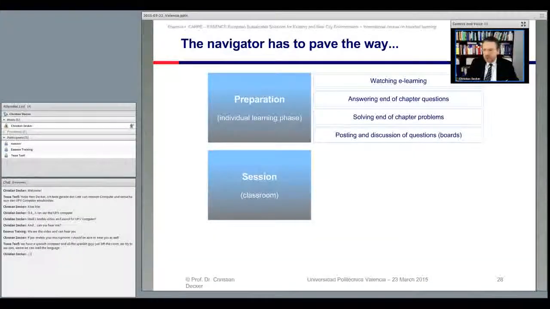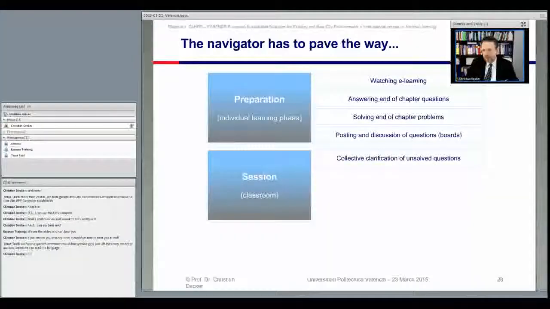If it comes to the session in the classroom, you have to make sure that a collective clarification of unsolved questions takes place. I have to stress the word collective. Otherwise, students will stumble over some of the content. They will not understand the content. They will stop watching the e-learning because they know if they come to the in-class sessions, they can ask you every question they want to ask.